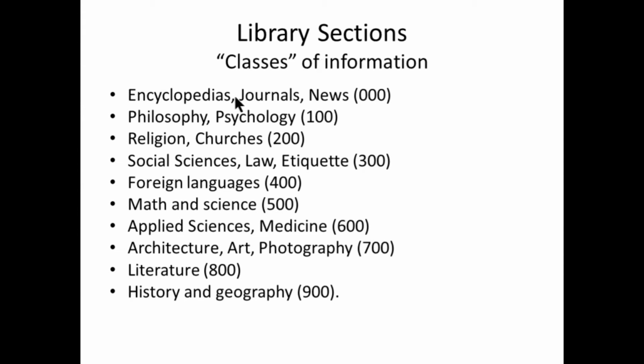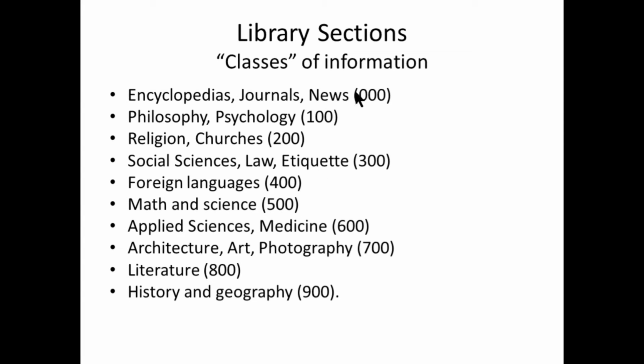A class of information is a group of information, and in the real world library, there are classes of information that are numbered from 000 up to 900. Ours was the 700 class of information, and that is the architecture, art, and photography class or section of information.